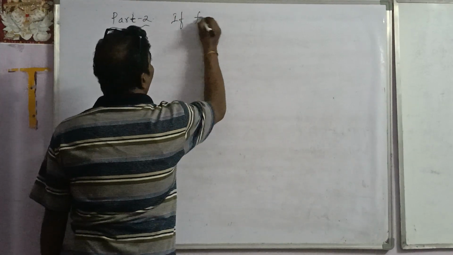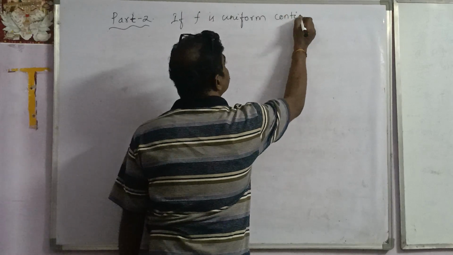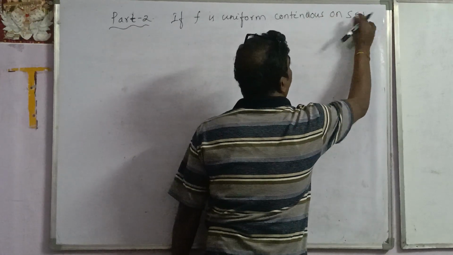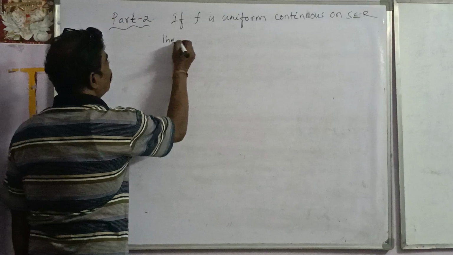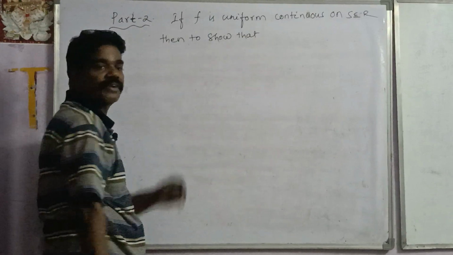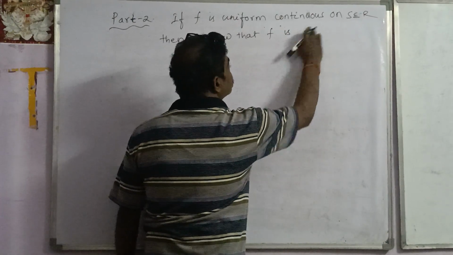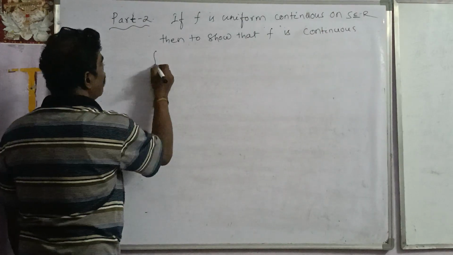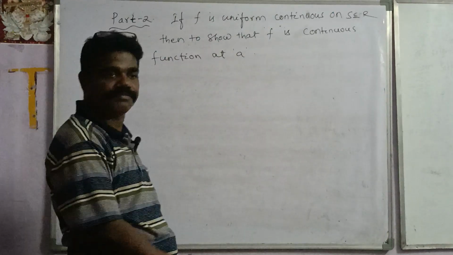If f is uniform continuous on S subset of R, then to show that f is continuous at a.